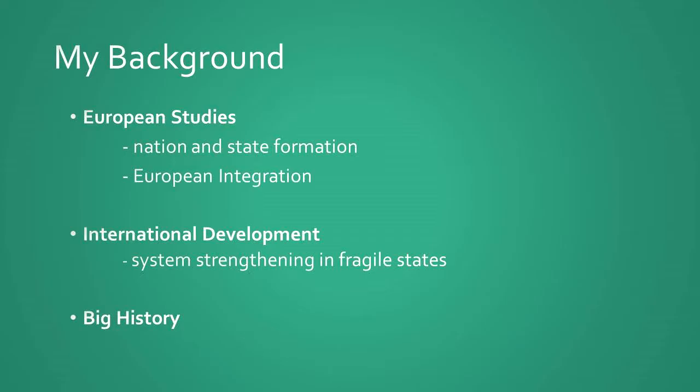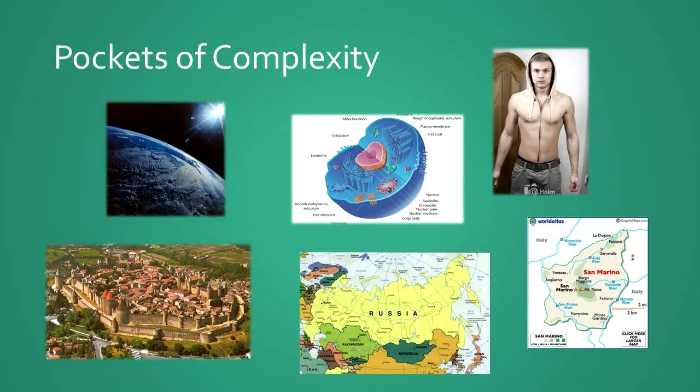Okay, big history when it comes to politics. Speaking about complexity, I would say very briefly that I see a state as being just another pocket of complexity. Organizational, political, social complexity. Just as planet Earth is a pocket of complexity, a star will be a pocket of complexity, a biological cell, a human body, a city.